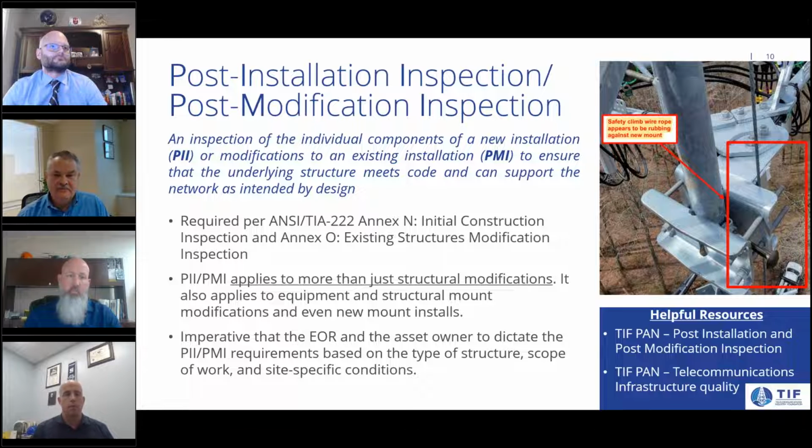Sure, David. Just a reminder that these are required by TIA-222 in Annex N and Annex O. And it does apply to more than just structural modifications: any new mount installs, structural mount mods, and equipment installations. Each of these has an effect on the tower and its components and whatever components you're installing. It's also imperative that there's communication between the EOR and the asset owner to set these requirements up.